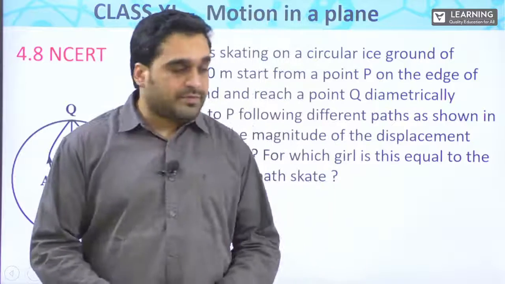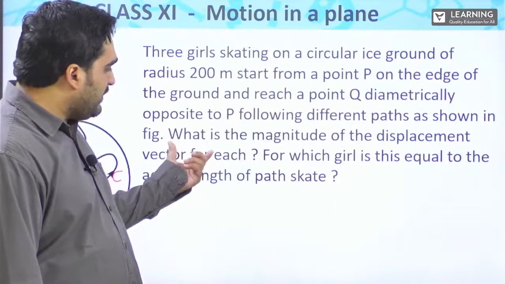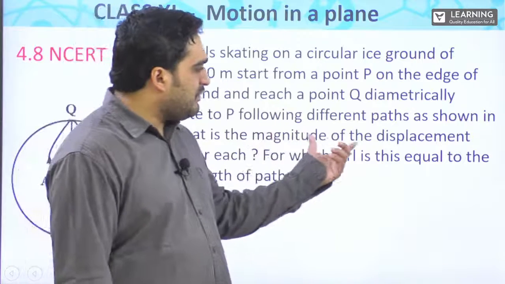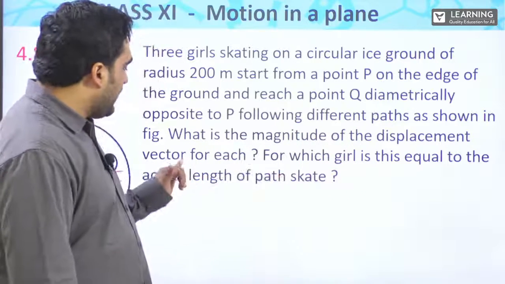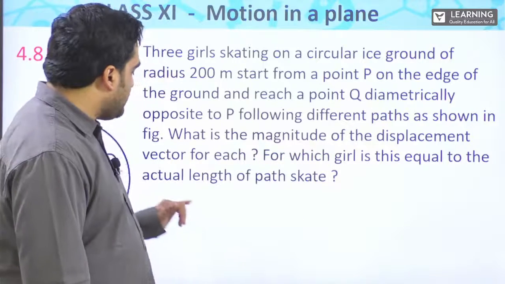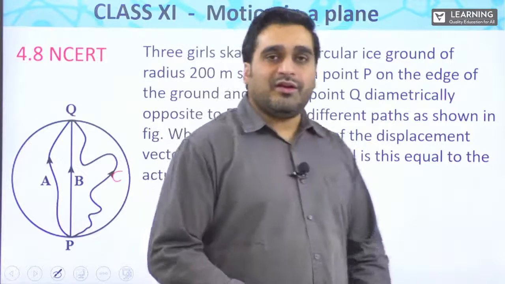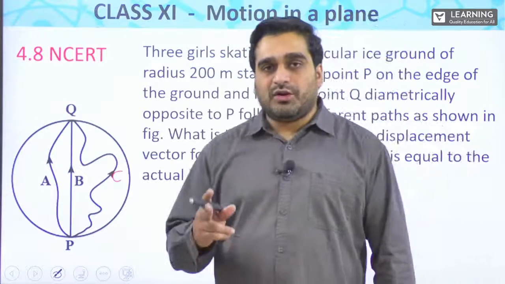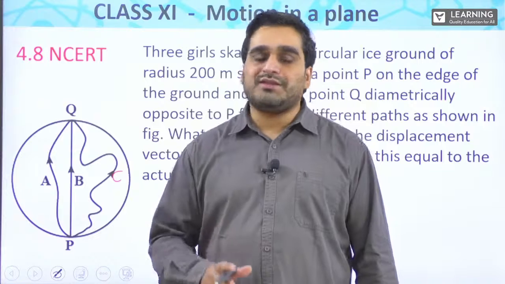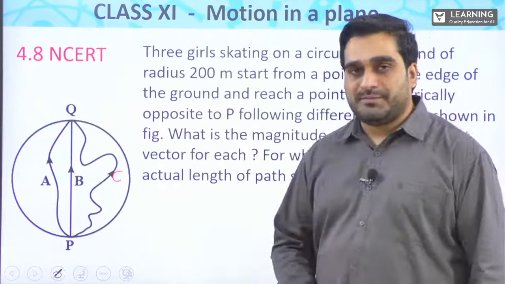Now, based on that, what we need to do is find what is the magnitude of the displacement vector for each. For which girl is this equal to the actual length of path skated? So there are two questions asked to us. One is to find the displacement for all the three girls.